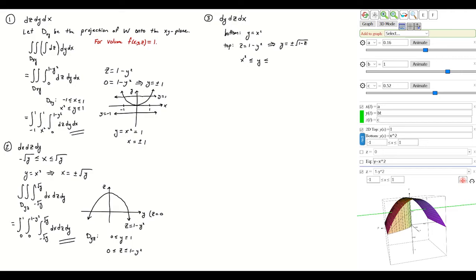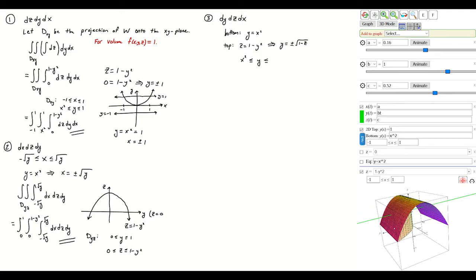This half extends in the positive y direction, where this other half extends in the negative y direction. So that immediately tells us we want the positive root. Don't always just take the positive root, because sometimes you might want the negative root. In this case, we want the half that goes in the positive y direction. So we're going to select y equals positive root 1 minus z.